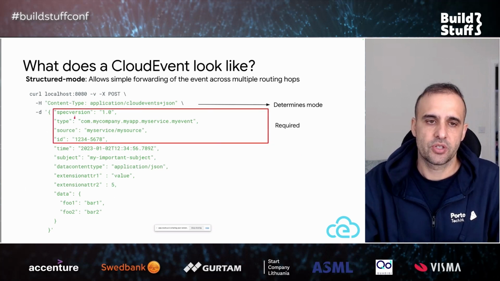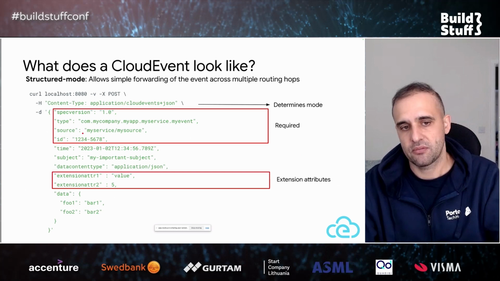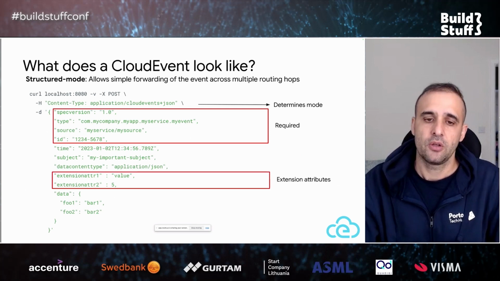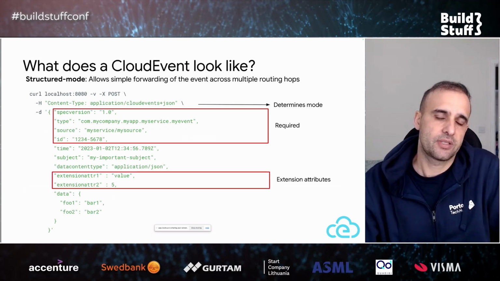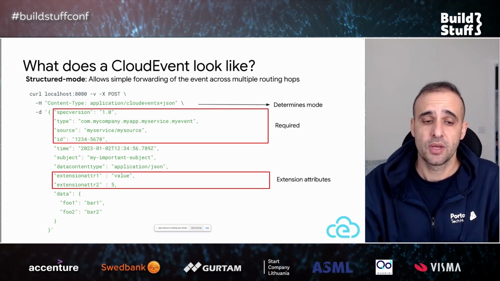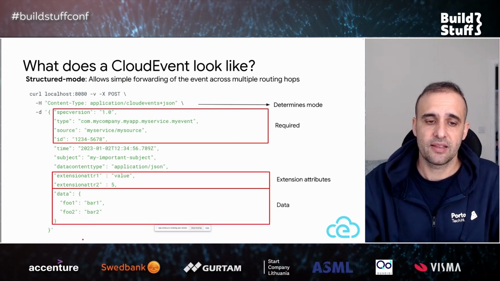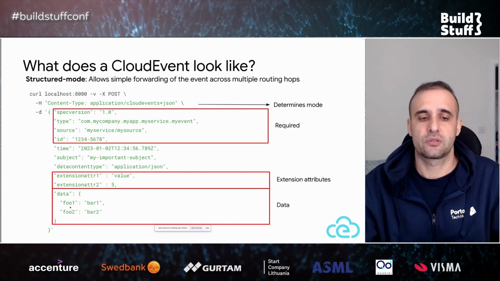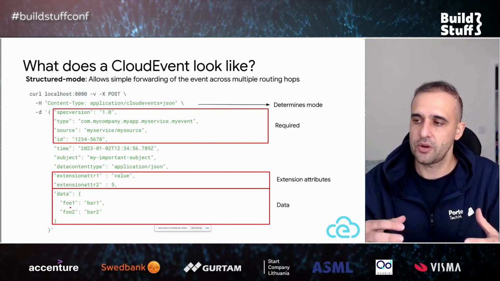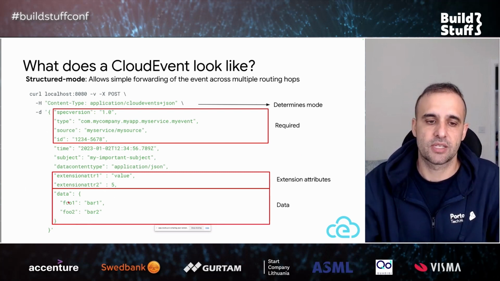So you have the spec version, type, source and ID, just like before. You have time and subject as optional, just like before. You have the extension attributes in case you need something special for your application to route. And finally, the actual data lives under the data field, because everything is in the body, so we need to have a field for the data. So that's where the data lives.